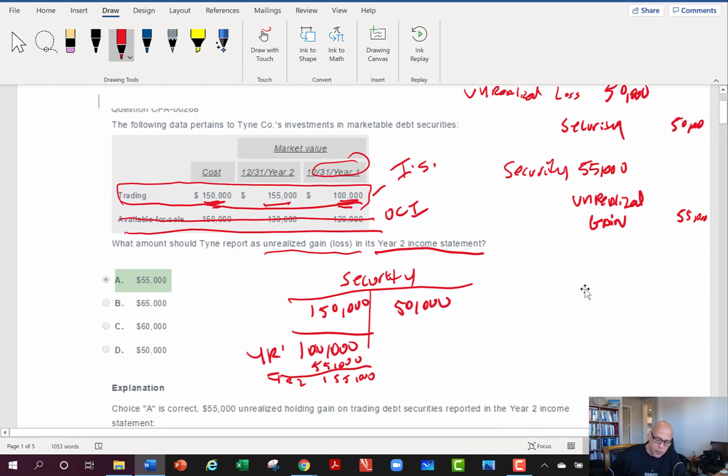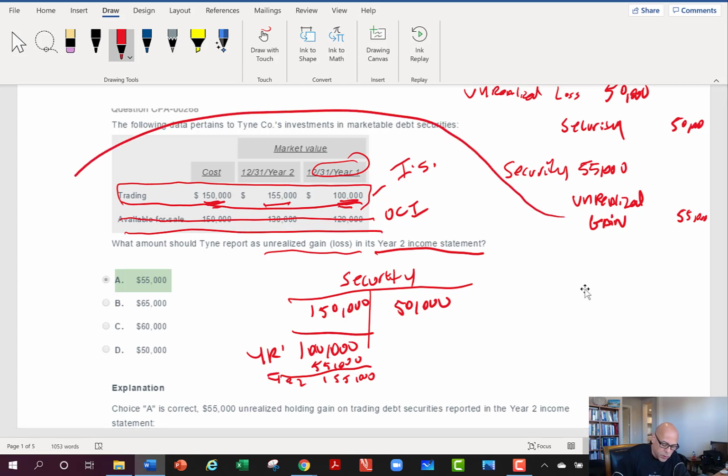Now, I did all this just to understand how we got the answer, the long way, which was this 55,000. And this funny format is from CPA material, so this was actually a CPA exam question.